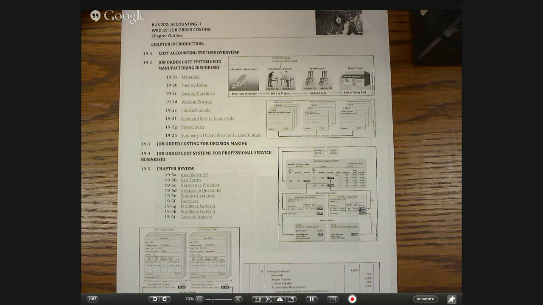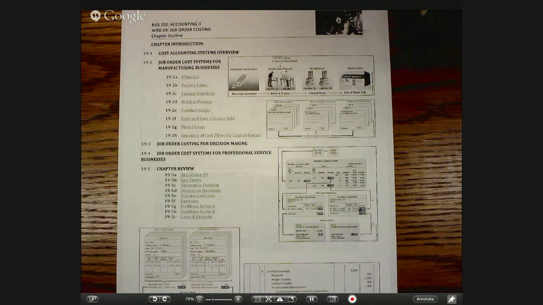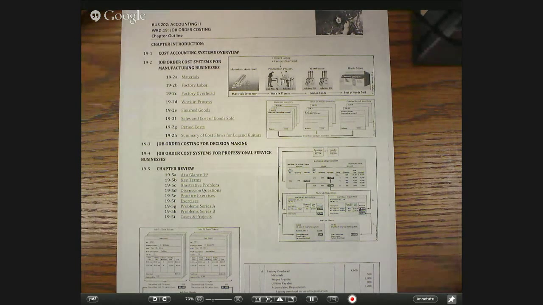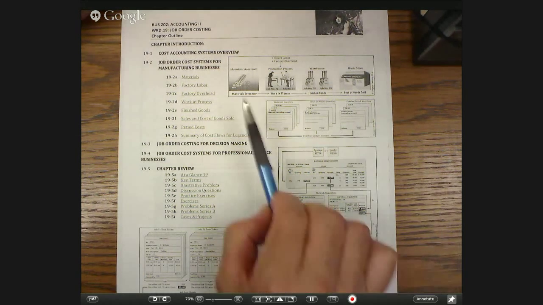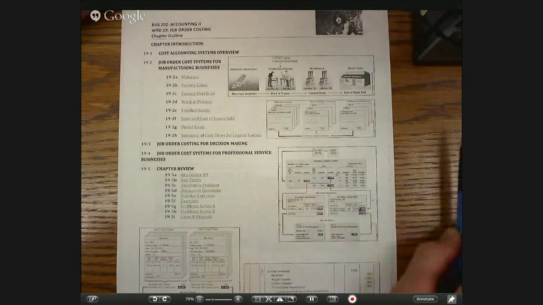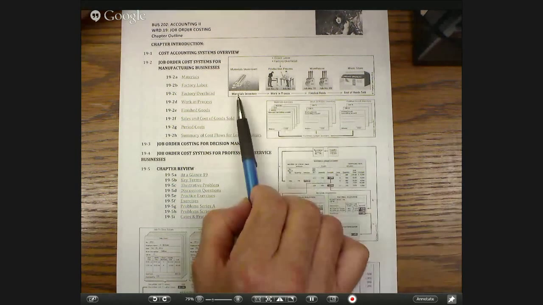Okay, let's get into the details of this job order costing system. And I think it would be a good idea if you would open up your textbooks to page 873 for Exhibit 1, which starts this discussion. Okay, the groundwork is that the balance sheet for a manufacturer will have 3 types of inventory.